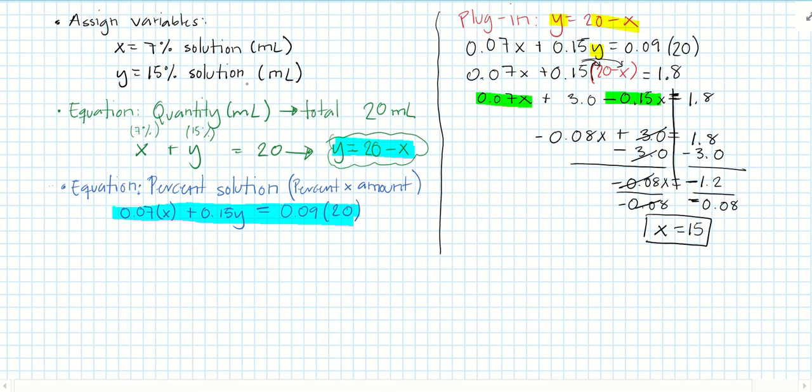For the 15%, we go back to the first equation we found, y equals 20 minus x. The 15 will be replacing the x in the equation. So y equals 20 minus 15, so y equals 5.